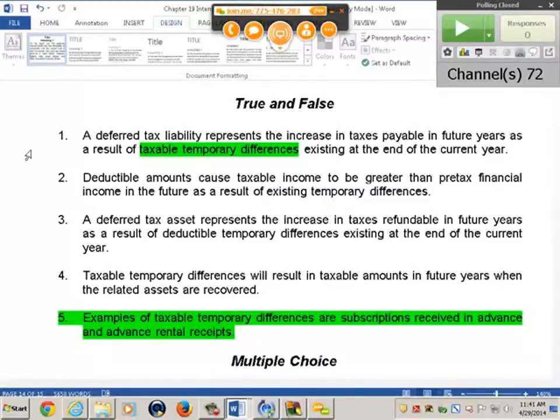I can't deduct the bad debt for tax purposes until what happens? The accounts are actually considered to be uncollectible. This is going to give me a future deductible amount. Because I have future tax deductions, this situation is what? A deferred tax, future tax deductions, future benefit, asset. Right.